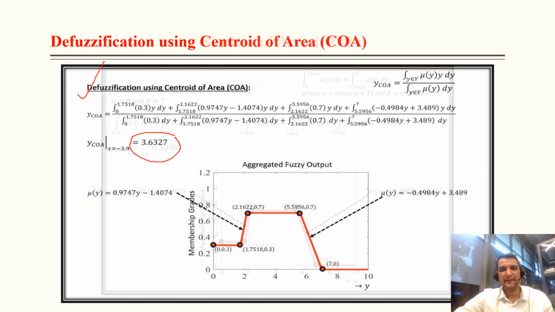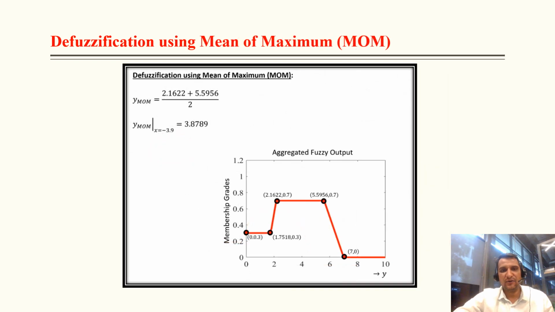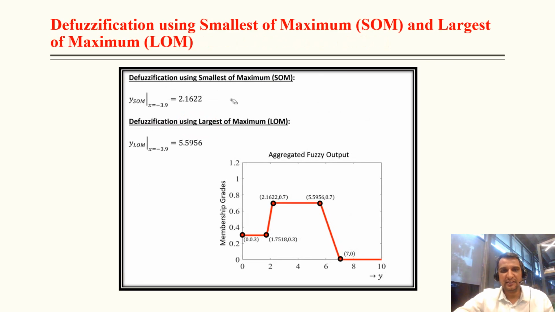When we apply bisector of area, our output is 3.7087, right? When we apply mean of maxima, our output is 3.8789, and when we apply smallest of maxima, our output is 2.1. When we apply largest of maxima, our output is 5.596.